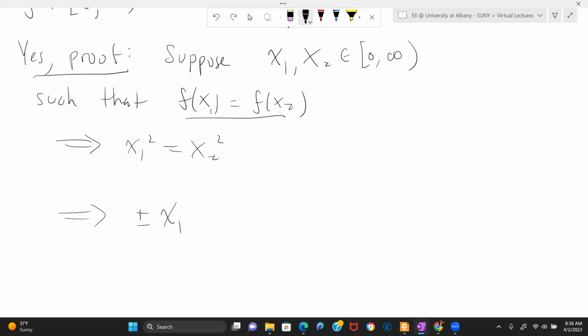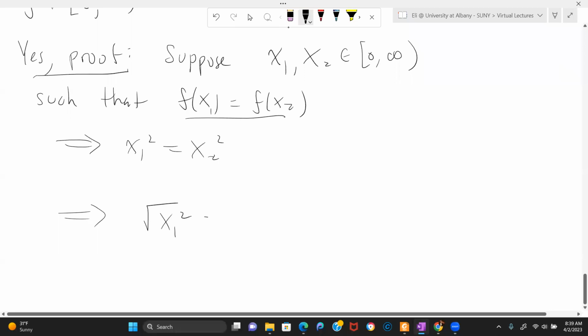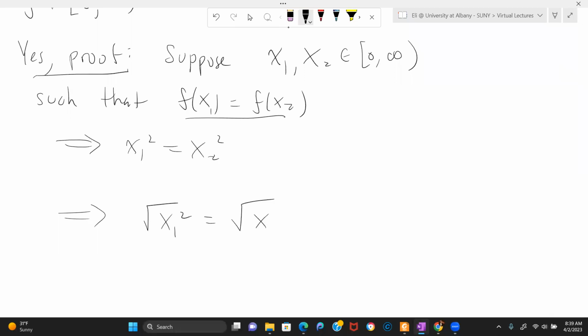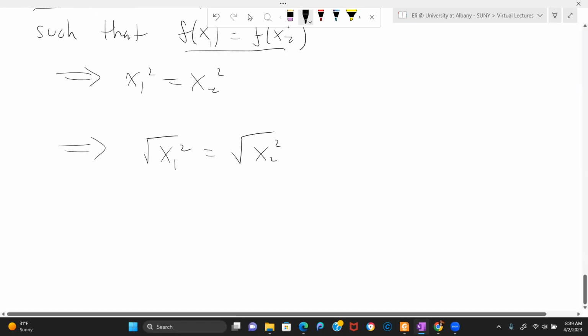Sorry, when you take the square root, let's actually be a little more careful. When you take the square root of something squared, you technically should have an absolute value, like this.